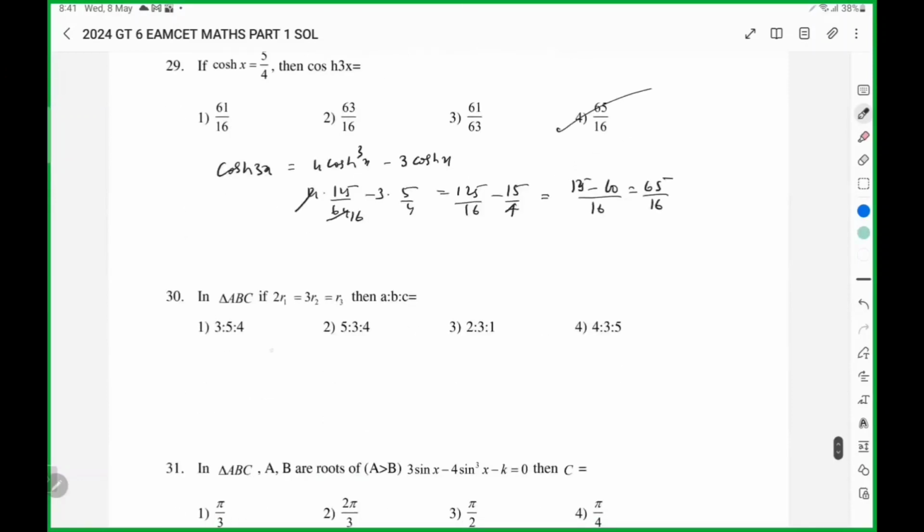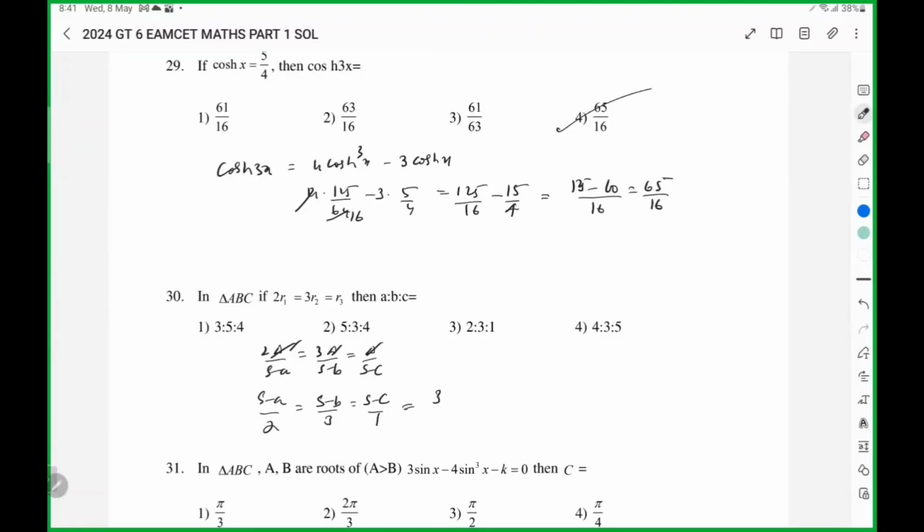Here it is 2 delta by s minus a, 3 delta by s minus b, delta by s minus c. S minus A by 2, S minus B by 3, S minus C by 1.